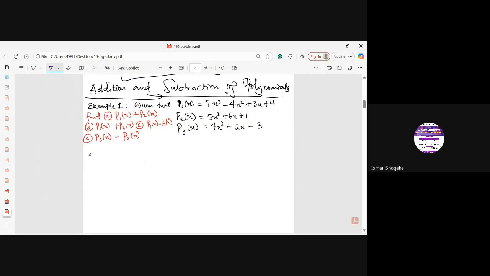Now, the first question, A, says to find P1 of X plus P2 of X.